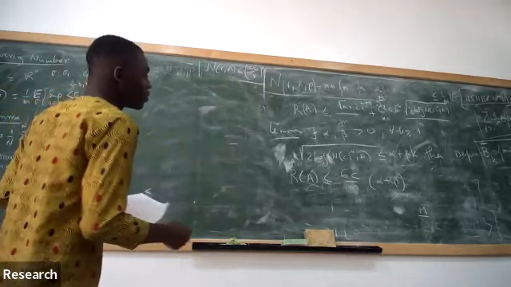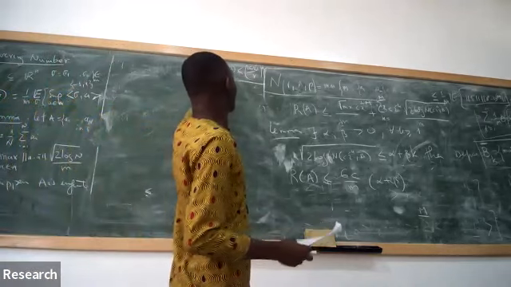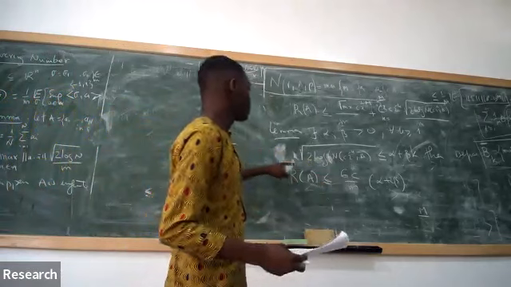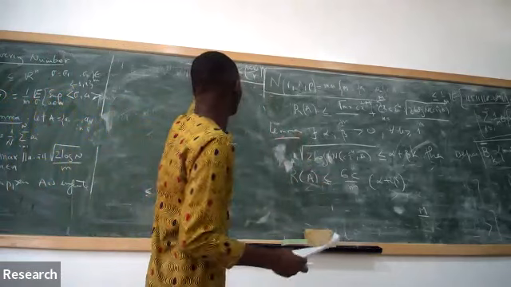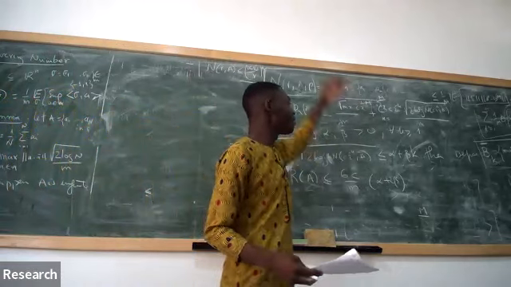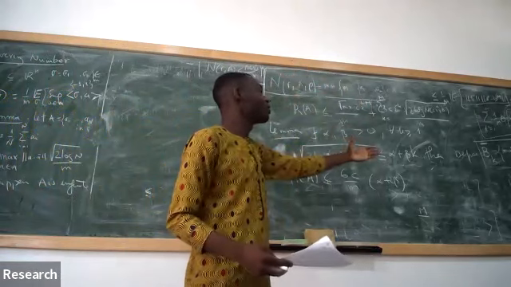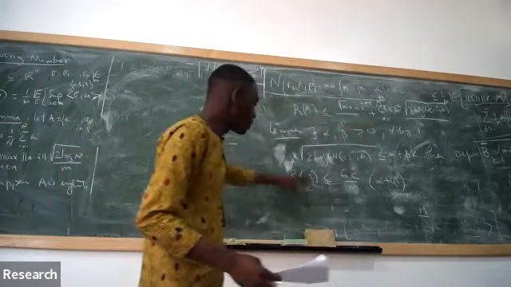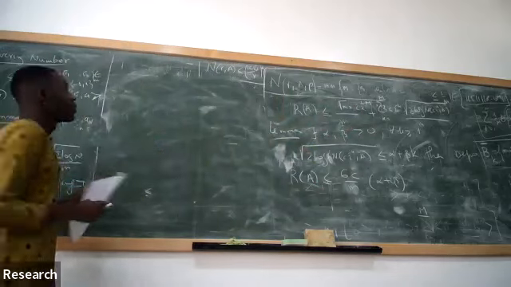First of all, we evaluate this quantity using the lemma, and we see if there exist some alpha and beta. If we get that alpha and beta, now we just plug it in here, and then we are done.